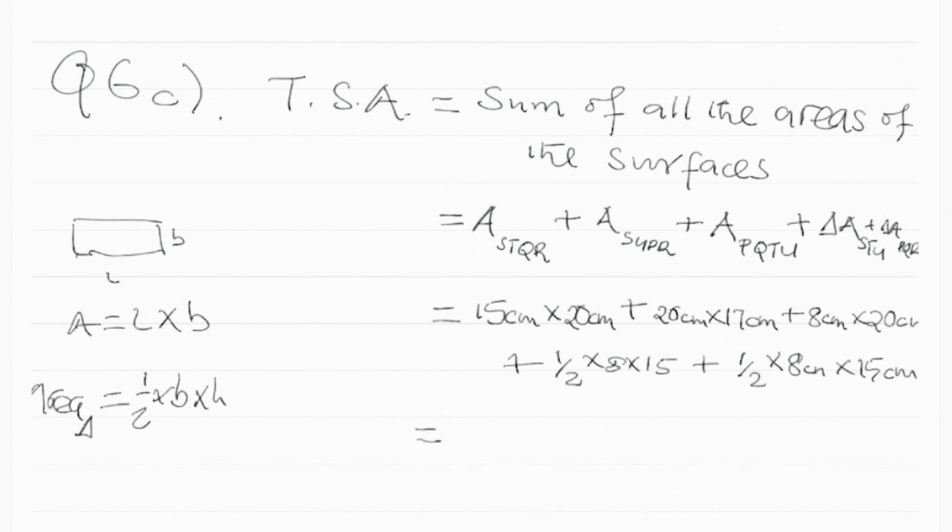So 15 times 20 gives you 300 square centimeter, plus 20 times 17. What is 2 times 17? 34. Very good. Times 10, you have 340 square centimeters.